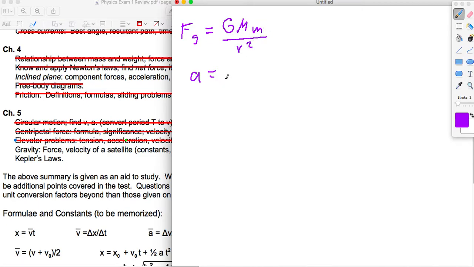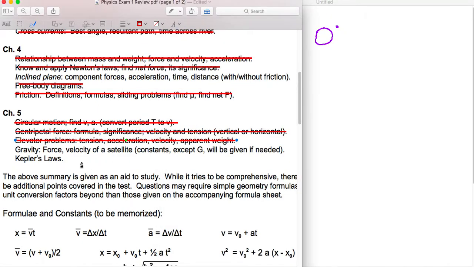In this case, it would just be G, which is a constant, which I covered in one of my videos as well, times the mass over r squared. This is the acceleration on any planet, or the pull that you feel, the forces just between two masses. So for example, the force of the Earth exerted on a satellite, right? It's given by this. So that's how you find the force.